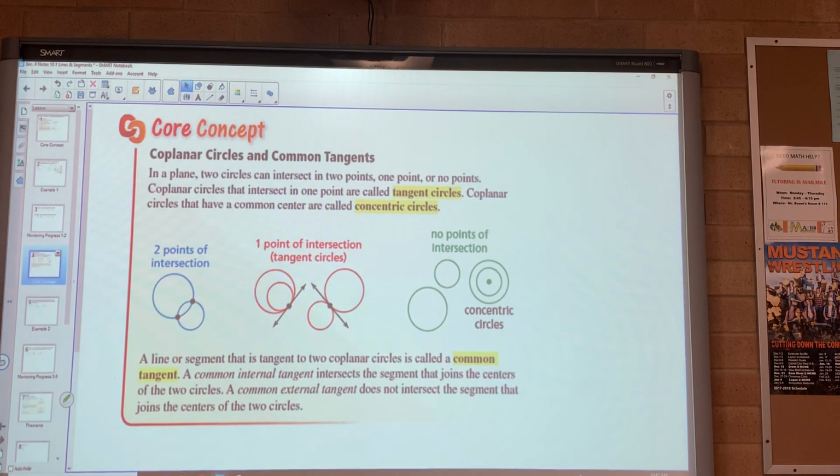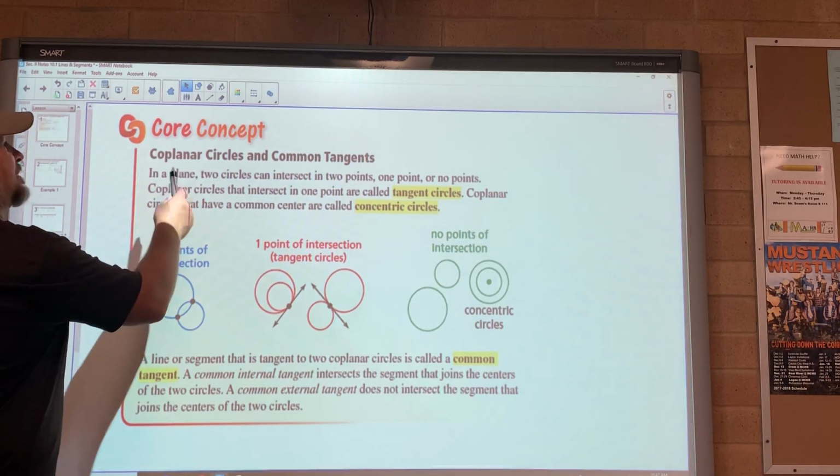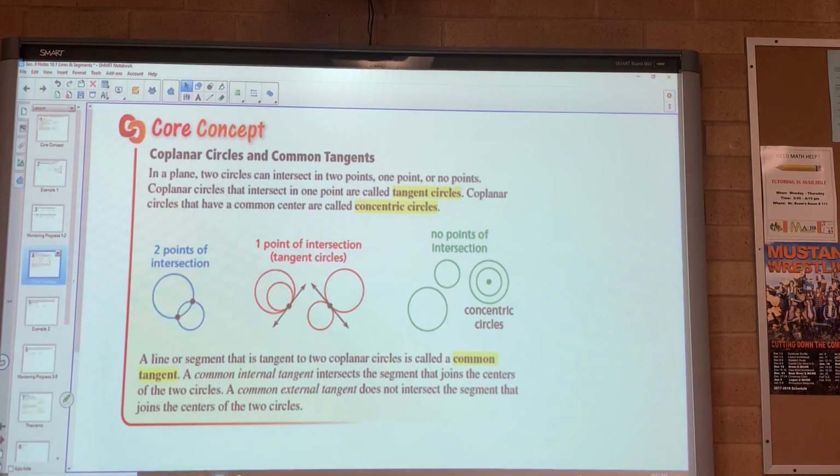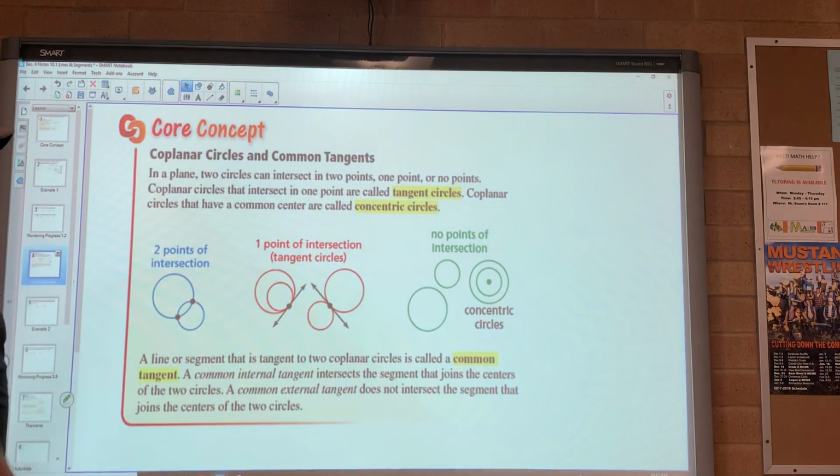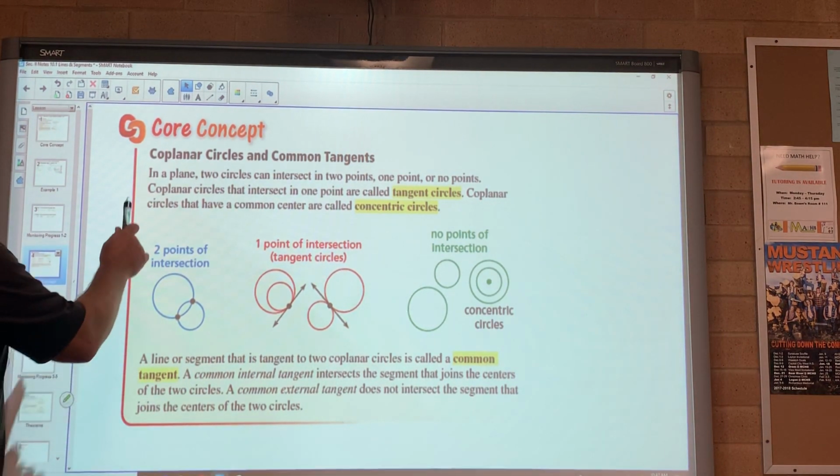All right, coplanar. Coplanar means two things are in the same plane. So two coplanar circles and common tangents. So we're going to talk about in this plane, two circles can have intersecting points, 1 point or 2 points or no points.